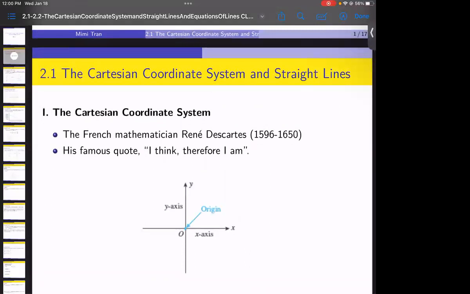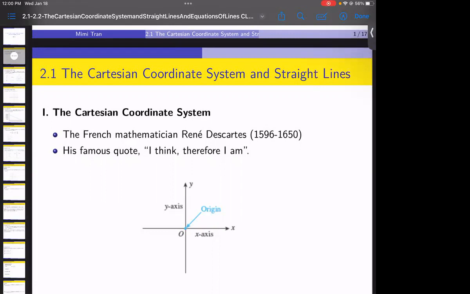The Cartesian coordinate system, a lot of students call the rectangular system. It's invented by a French mathematician, René Descartes. Many of you may know his famous quote, "I think, therefore I am," especially those of you who take psychology class or history class.